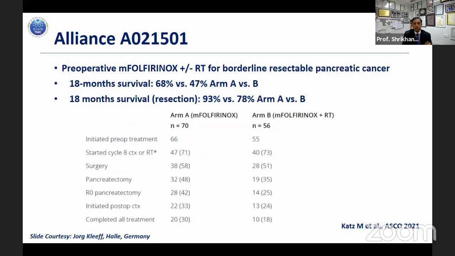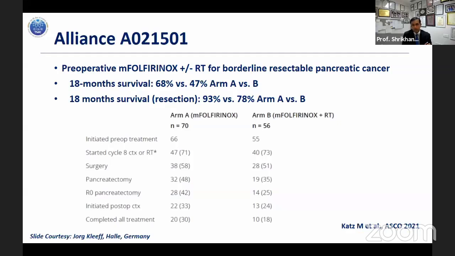More recently, we've got the trial from MD Anderson led by my colleague Matt Katz. And here you see preoperative modified FOLFIRINOX with or without radiotherapy for BRPC. Big difference of 68 to 47% between FOLFIRINOX versus the radiotherapy arm.